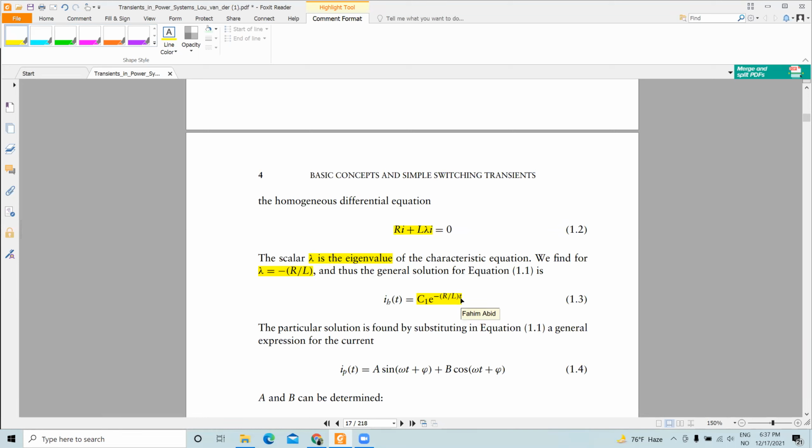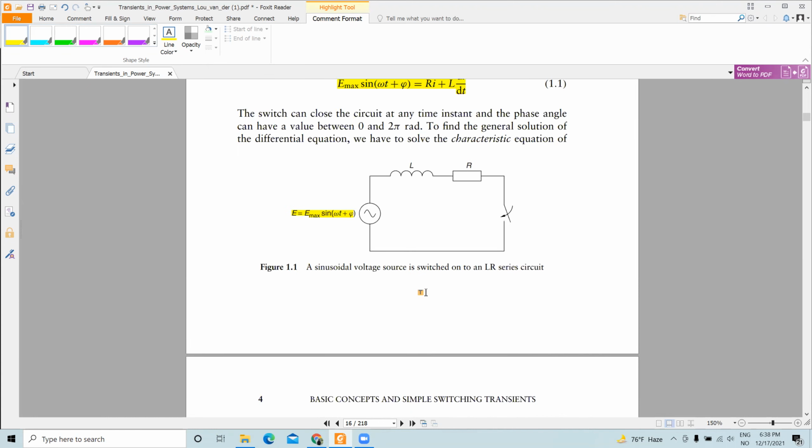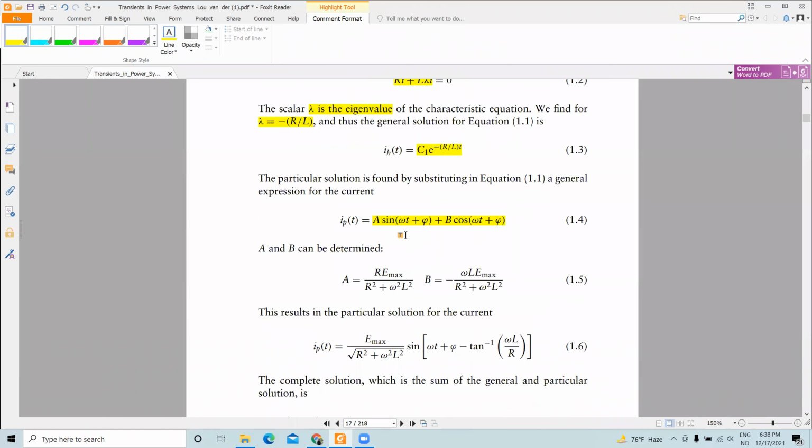Yes, sir. Okay. And the particular solution is basically a sine omega t plus phi plus b cosine omega t plus phi. And a and b can be determined from the initial condition. So if the current was 0 initially, you assume that I is equal to 0. And from these initial conditions, you can calculate a and b.